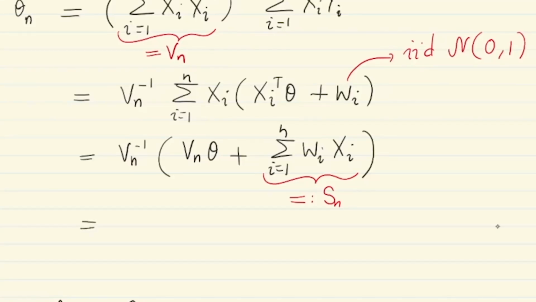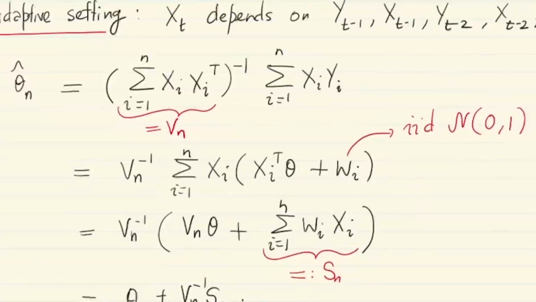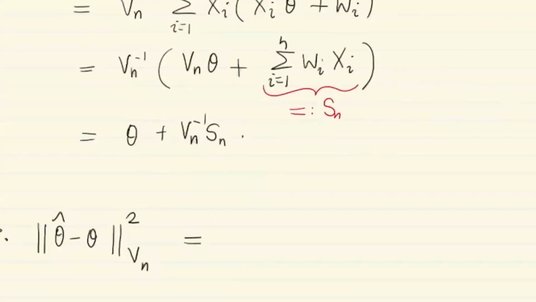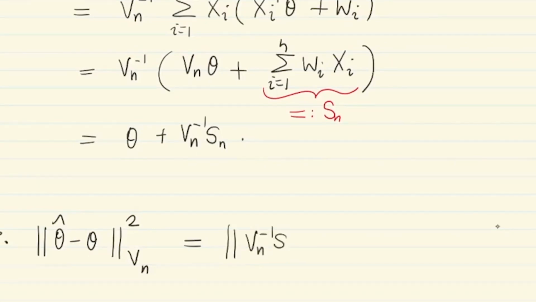This finally gives you theta plus Vn inverse Sn. So theta hat n is exactly equal to the original theta plus Vn inverse Sn. Theta is the original non-random parameter. Vn inverse Sn is a random vector which could have bias because of adaptive data collection. Nevertheless, if we take theta to the other side and find the Vn weighted matrix norm of theta hat minus theta, then we just get the Vn weighted matrix norm of Vn inverse Sn.